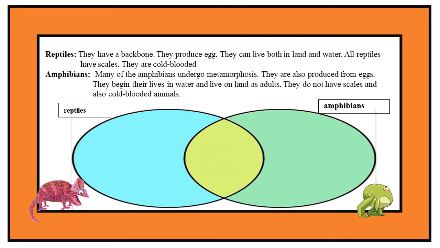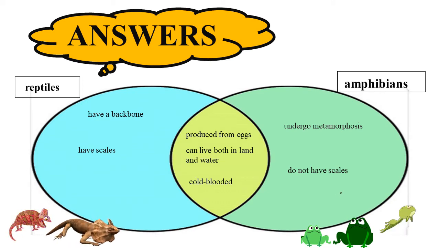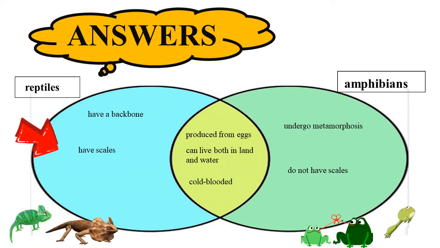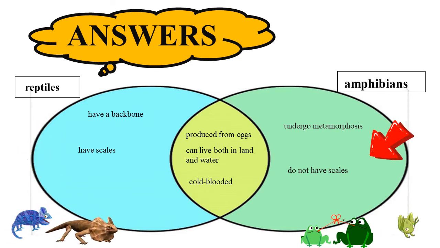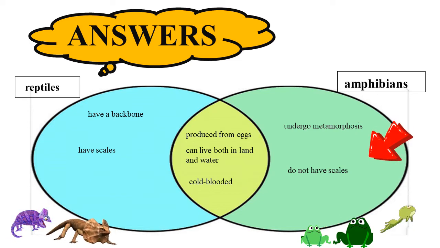Are you done? Great! Now let's check your answers. Let's read first the difference between reptiles and amphibians. Reptiles have a backbone, have scales. Amphibians undergo metamorphosis, do not have scales.